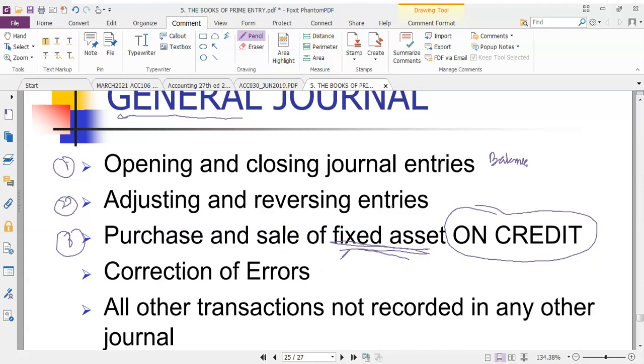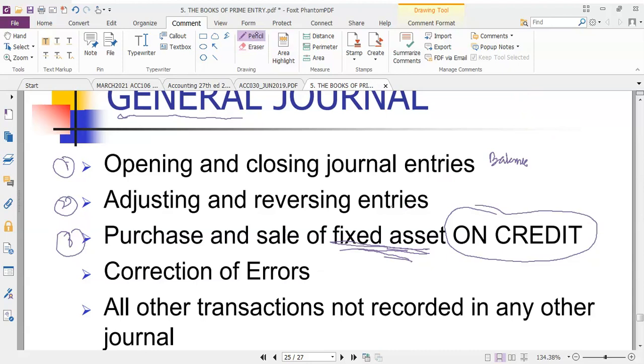If we purchase or sell fixed asset on credit, we put in general journal. If we purchase goods on credit, we must put in purchase journal. Kena bezakan purchase apa? Purchase goods ke purchase fixed asset? Okay, contoh. Purchase fixed asset dengan sold fixed asset on credit.